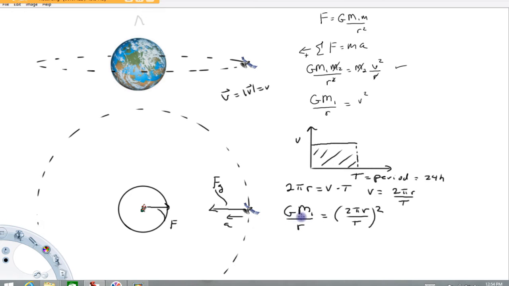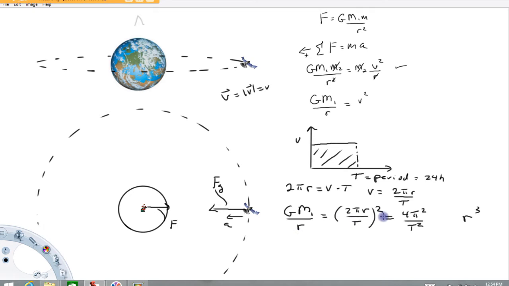Now, if I multiply both sides by r, and if I look on the right, here's an r squared. I'm going to put r cubed. And what we're left with here is going to be 4 pi squared, from 2 squared and pi squared, over the period squared. And then we'd have times r squared.